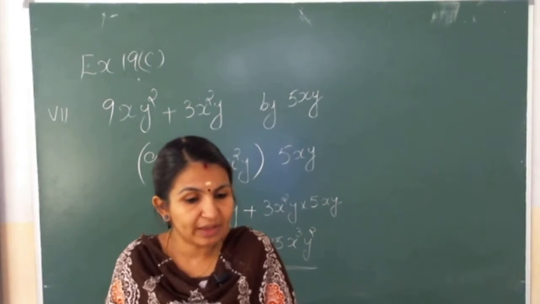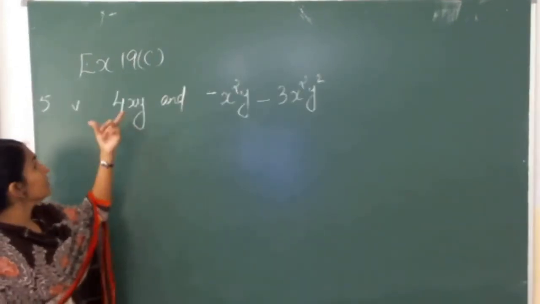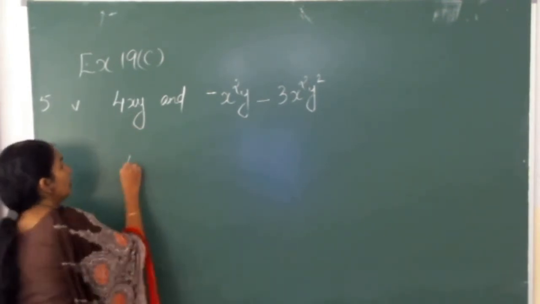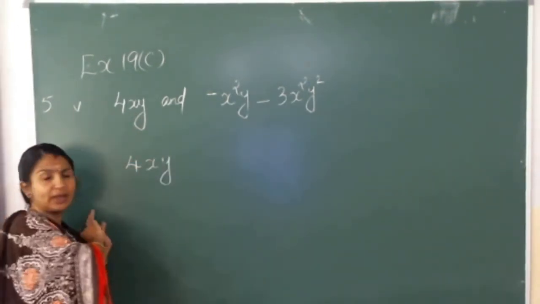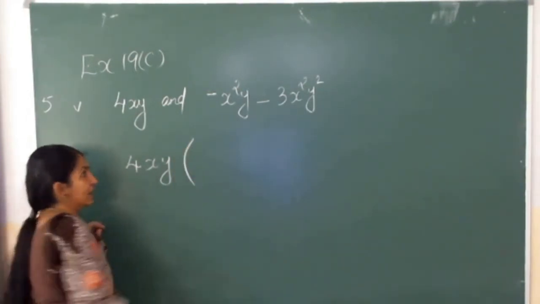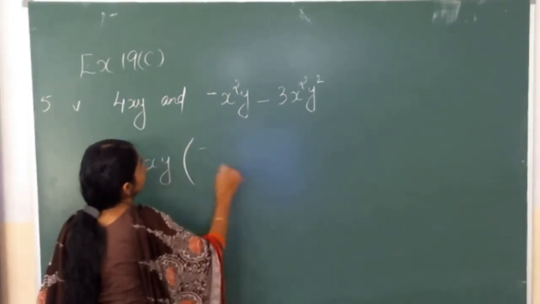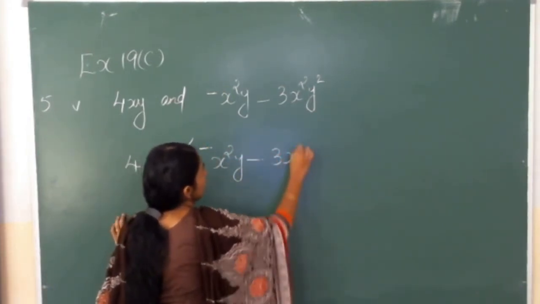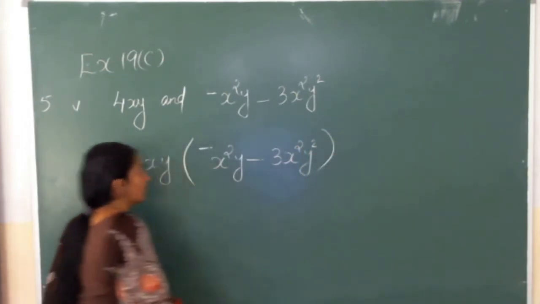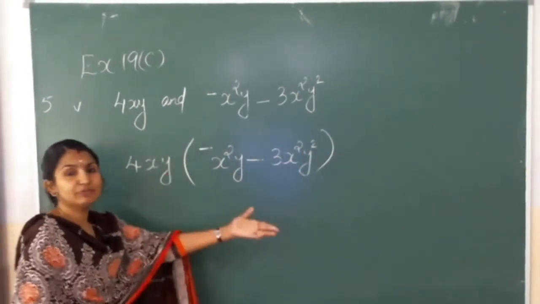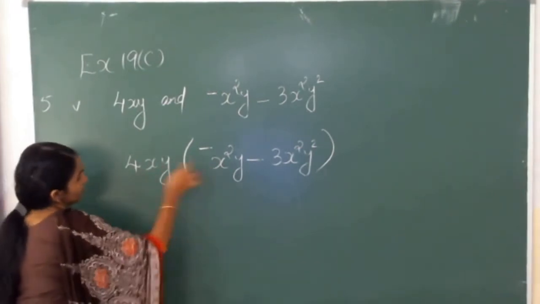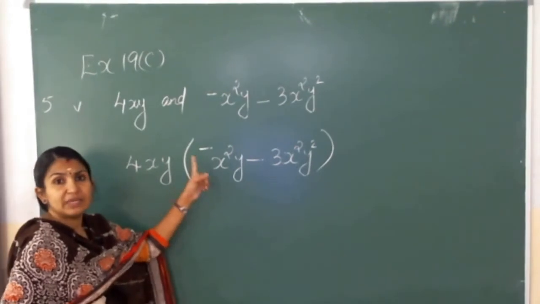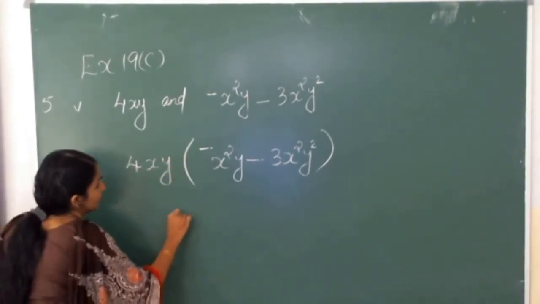Now, section 5, fifth question. In this 4xy, the monomial is written in the first. So, if you want, you can write first itself that 4xy and the binomial in the bracket. Negative x square y minus 3x square y square. Even if we are writing in the right side or left side, there is no change. Now, multiply them. 4, here there is no constant, means it is 1. 4 into 1, 4.